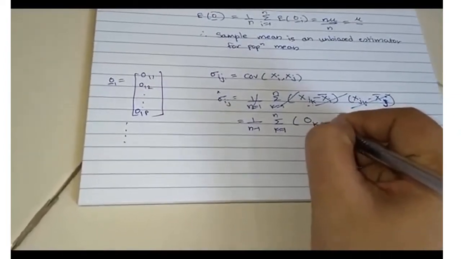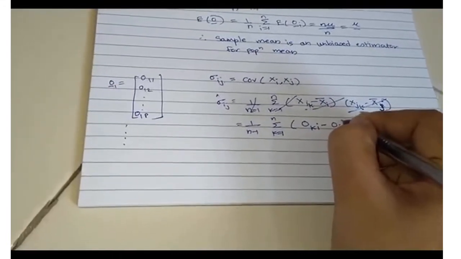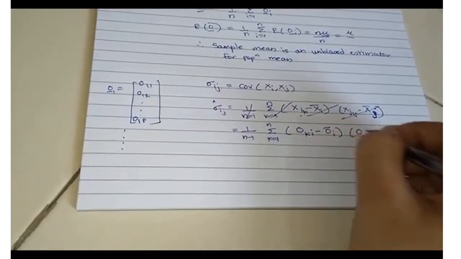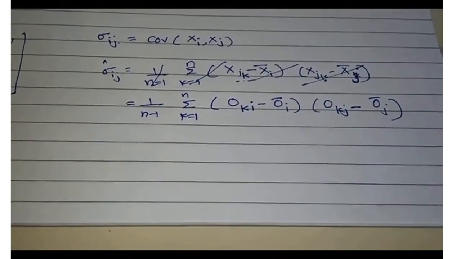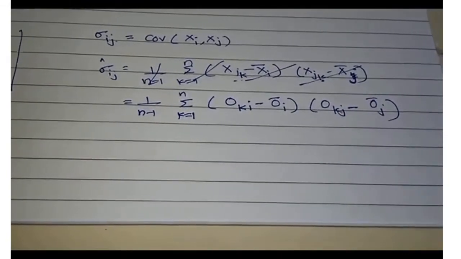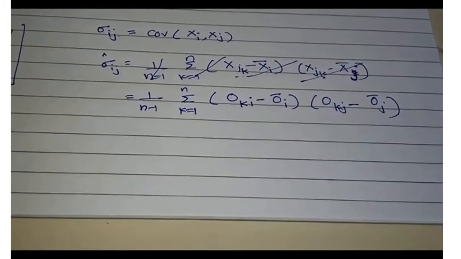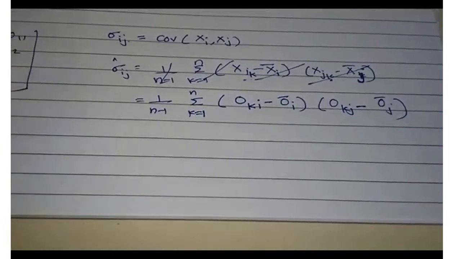So Oki minus Oi bar and Okj minus Oj bar. Okay, Oki is ith component of kth observation and Okj is the jth component of kth observation, and we are trying to compute covariance between them. Is it okay? This is very important.